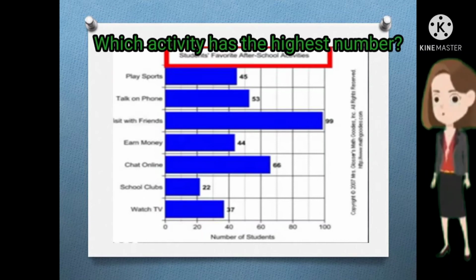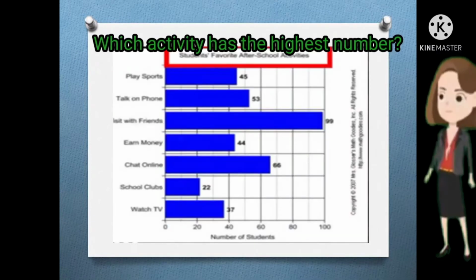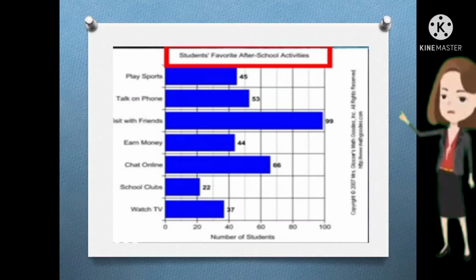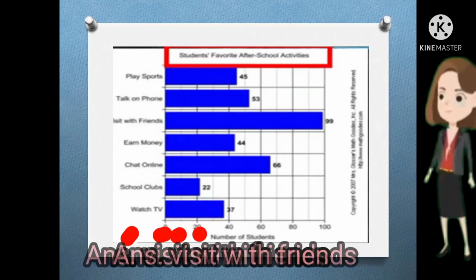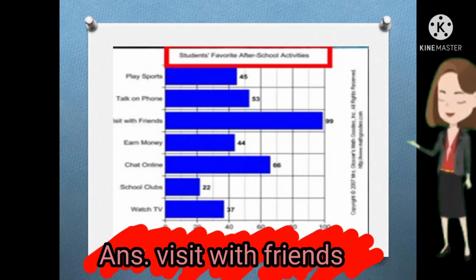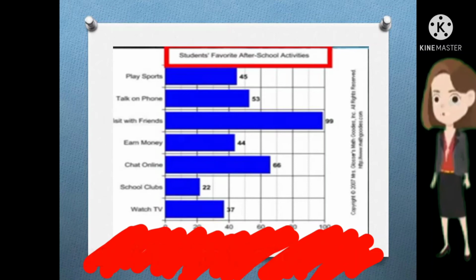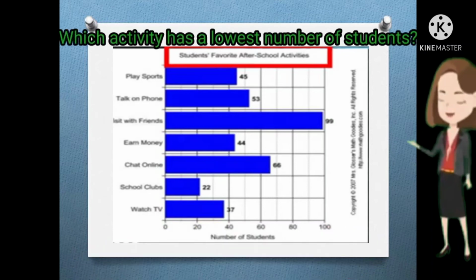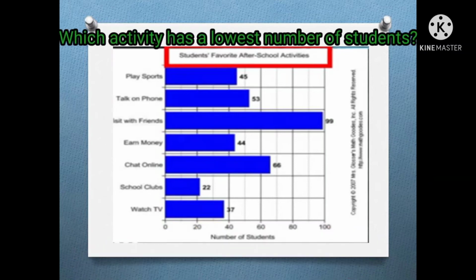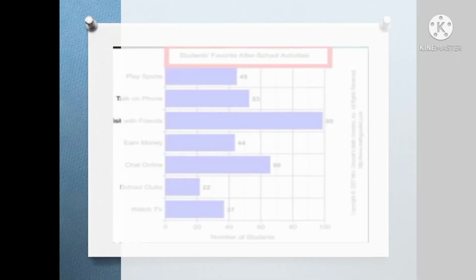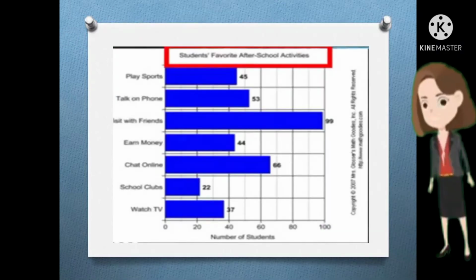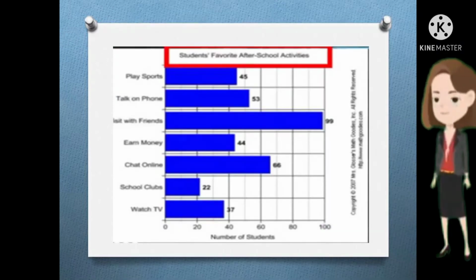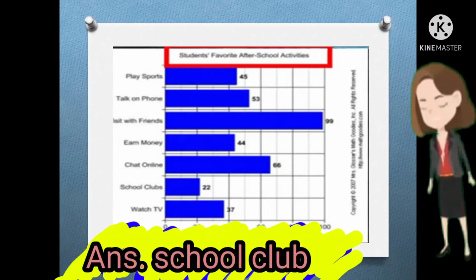Which activity has the highest number of students? The school activity with the highest number of students is visit with friends. Which has the least number of students? The school activity with the least number of students is school club.